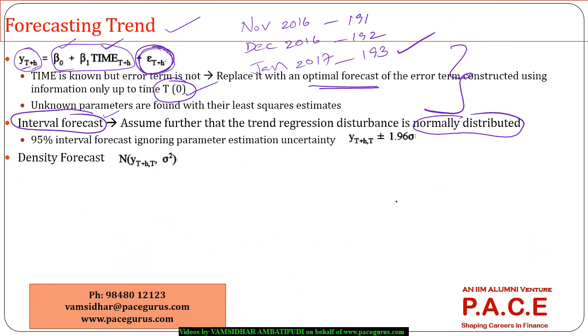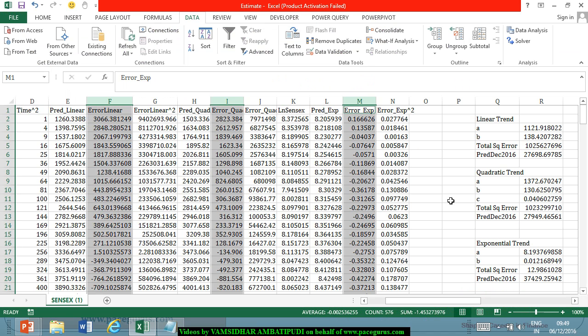Based on this normality assumption, we get the 95% interval forecast as plus or minus 1.96 times sigma. If I am able to compute the sigma of each of the errors, I can take the 95% interval as plus or minus 1.96 times sigma.